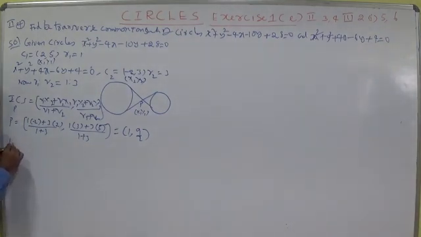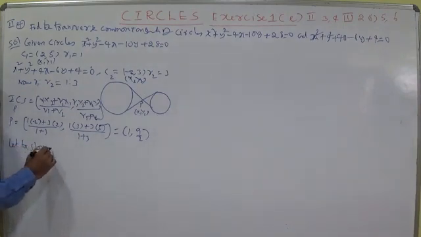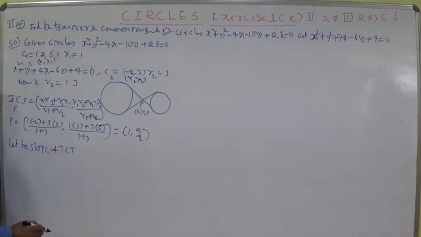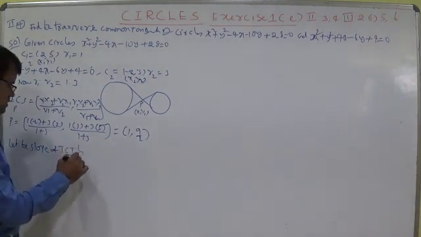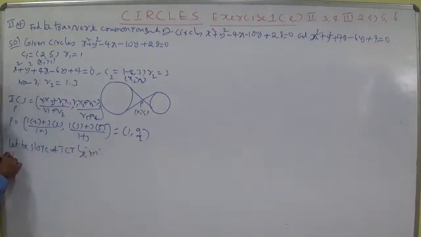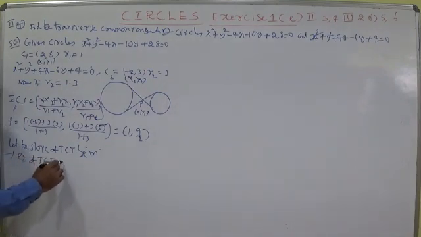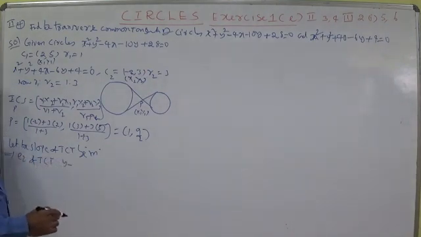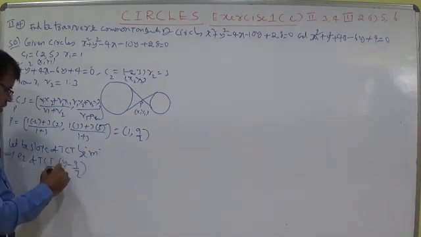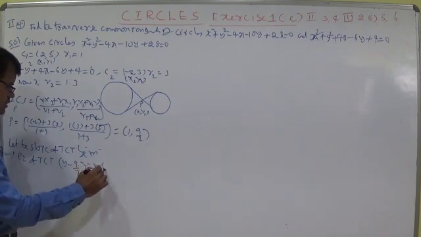Let the slope of TCT, using the same model, you can write, let the slope of TCT, meaning transverse common tangent, be m. That implies the equation of TCT is y minus y1 is equal to m into x minus x1. So y minus 9 by 2 is equal to m into x minus 1.